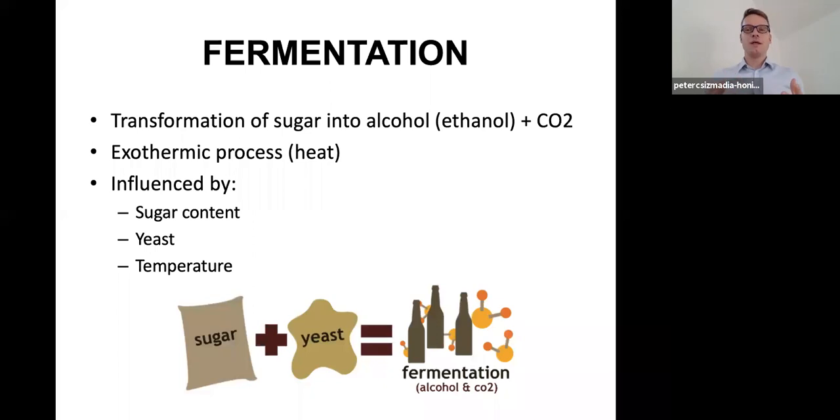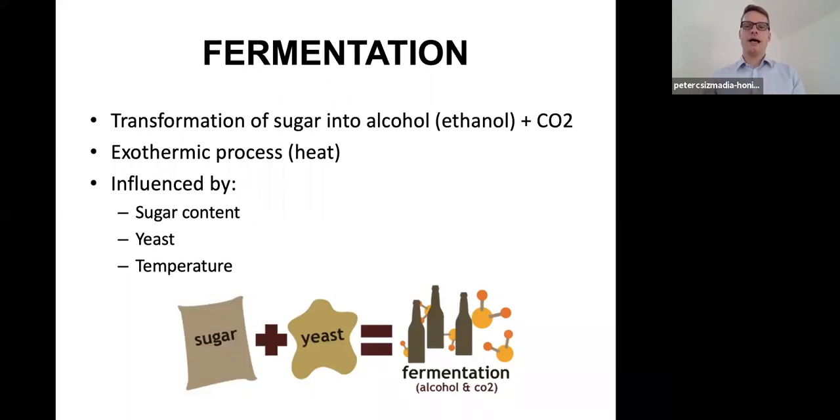What is the difference between using just the ambient wild yeast versus the commercial yeast, when you think about taste and the impact on the wine? The difference is that when you have ambient yeast, you will have lots of different types of strains of yeast that behave differently, and you're not able to decide which particular type you want. So you have less control over your fermentation process.